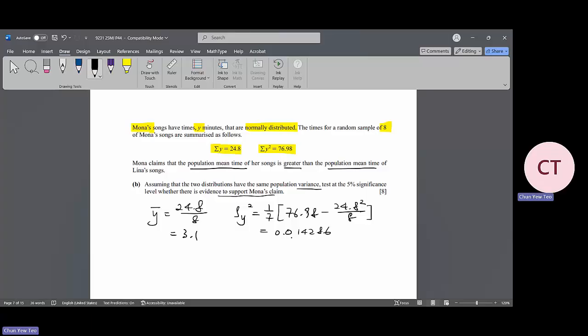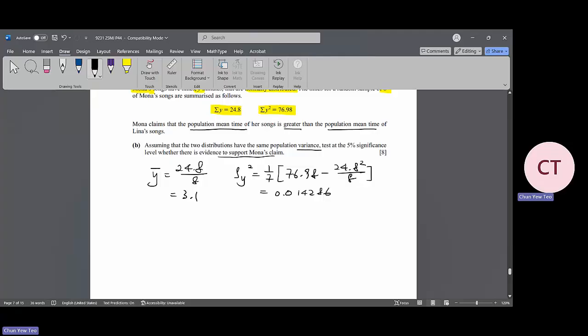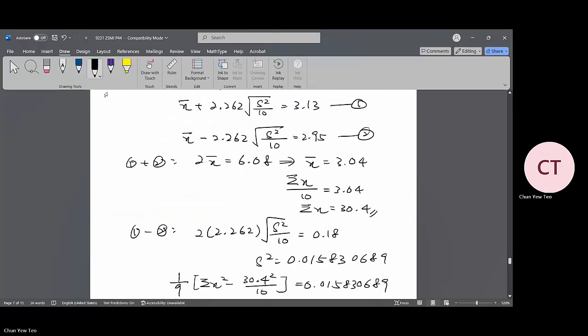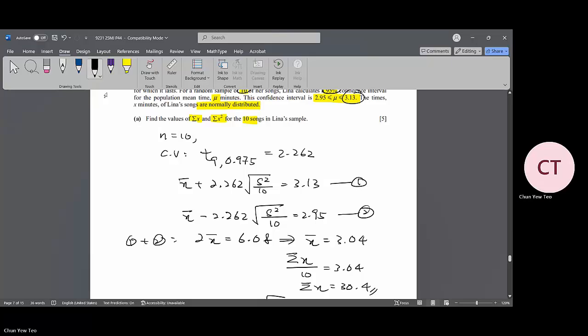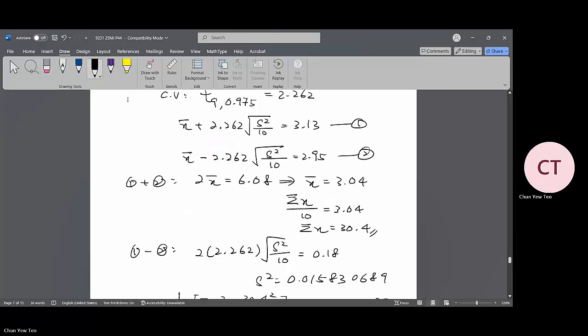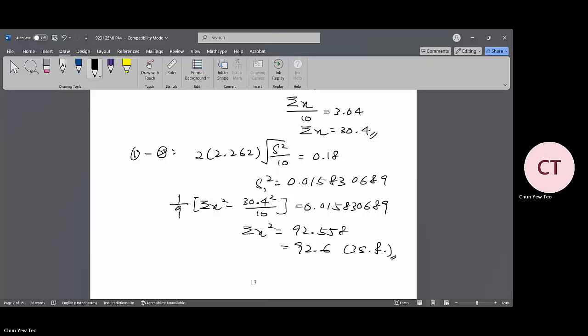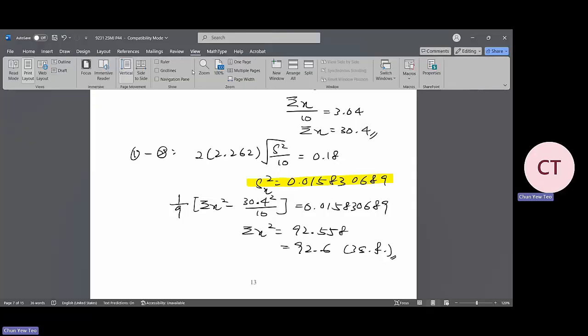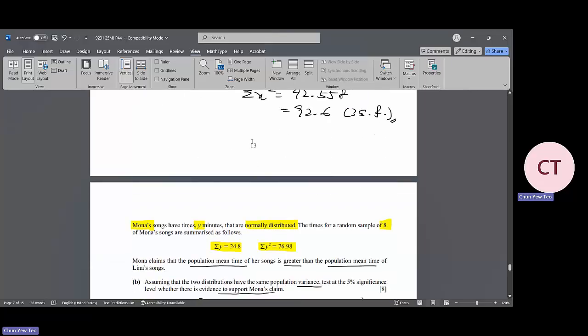So we need to find the combined variance. To be more precise, it's called the pooled variance, S_p squared. The formula for S_p squared uses the S_x and the S_y. We take the value S_x squared, 0.01583, and make it 5 significant figures.